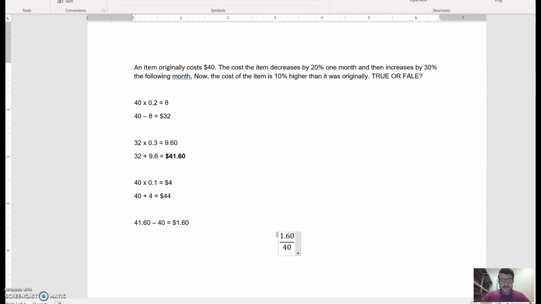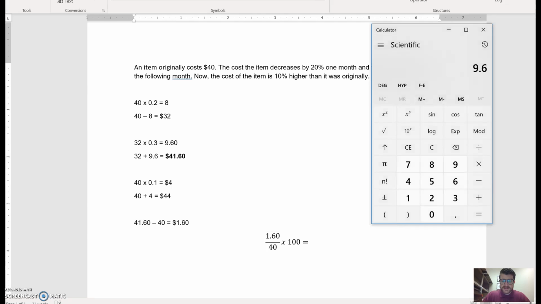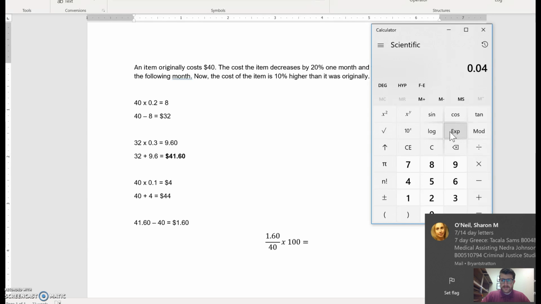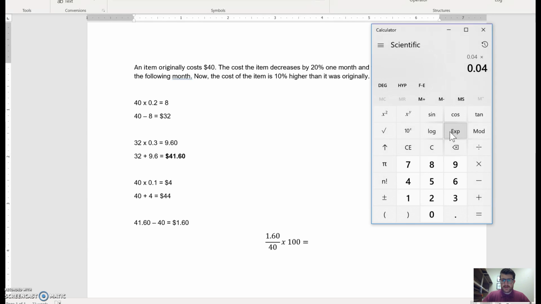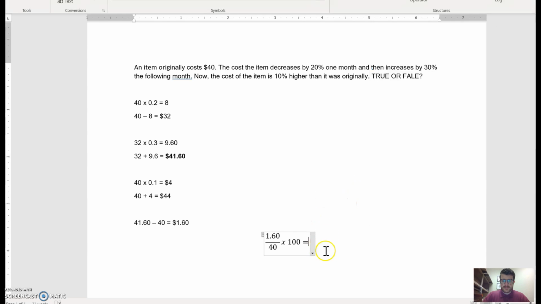Now let's turn this to a percentage by multiplying it by 100 and figure this out. So 1.6 divided by 40 times 100. So it was 4% higher than the original.